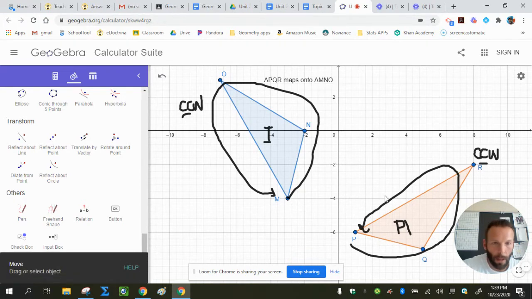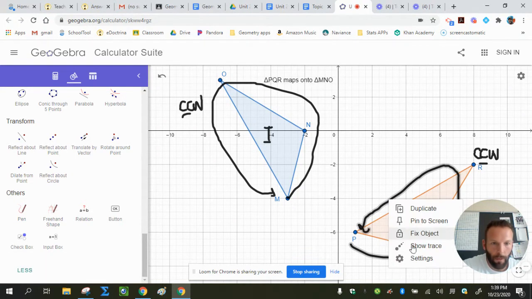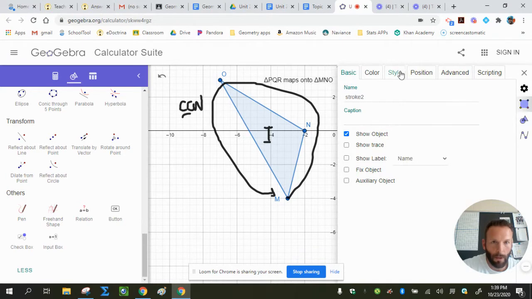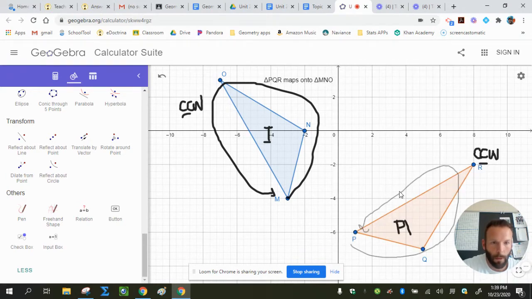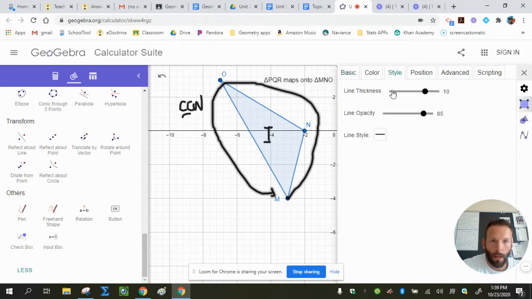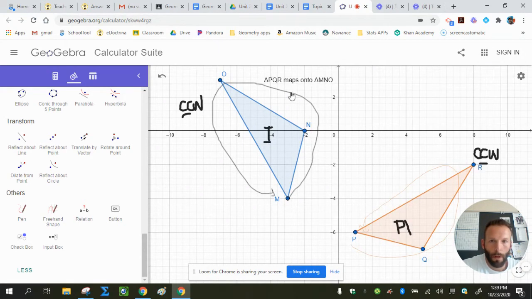But before I do that, let me again not get rid of these, but I'm just going to minimize them so that they're not so in our face here. I like color coordinating, so I'm going to make this like this and this like this. Okay, so here's what's going to happen: I'm going to decide what my translation looks like.